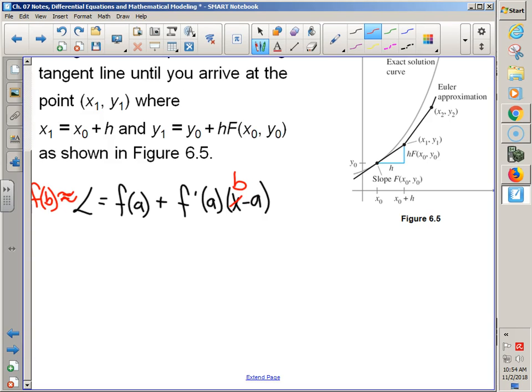For Euler's method, first of all, we're doing a sequence of them. We're not just going straight to it, because if we went straight to it, it's the same thing as just using the tangent line. And you wouldn't be able to reevaluate the slopes and try to follow the curve with your little baby tangents end to end. So therefore, what you're going to do instead is, starting at the initial f of x sub 0 equal to y sub 0, you're going to end up at your f of, for instance, b, after moving through a sequence, not a series, a sequence of steps.